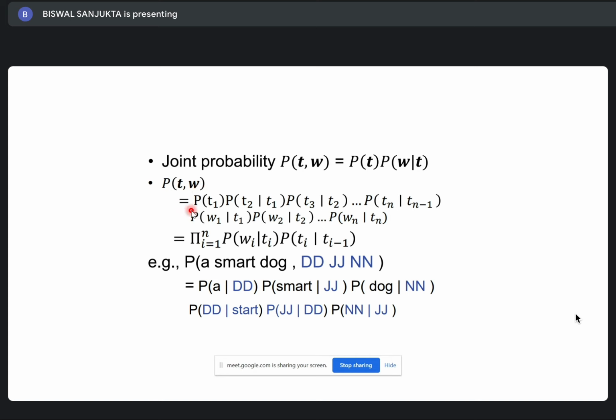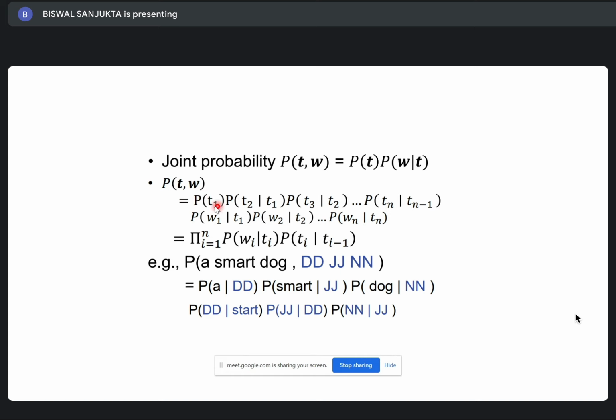We can write it as probability of T1, then probability of T2 given T1, like that. Because if you remember from our first order Markov rule, we ignore the rest of the previous states. We only say the second state is dependent on the first, and the third state is dependent on the second. That's how we calculate this transition probability.